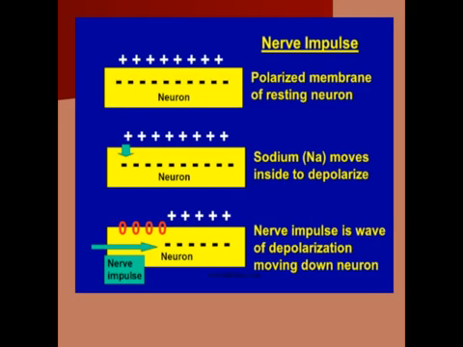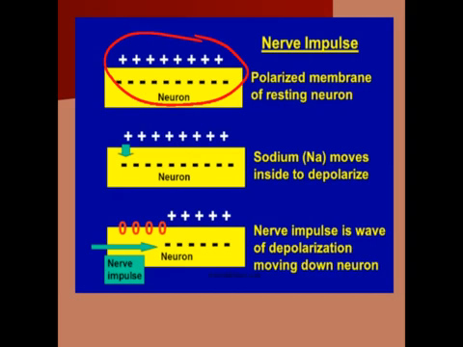Now you can observe this part. Outside there is a positive charge present, inside the neuron there is a negative charge present. That means the potential difference between the positive and negative is there. When the potential difference is more between outside the cell, that is the extracellular part, and the intracellular part, it is called the polarization state.